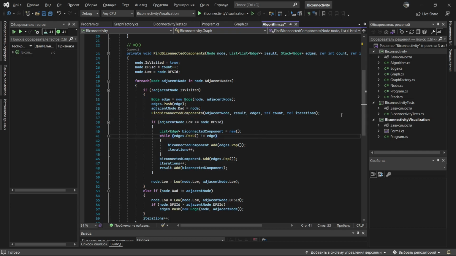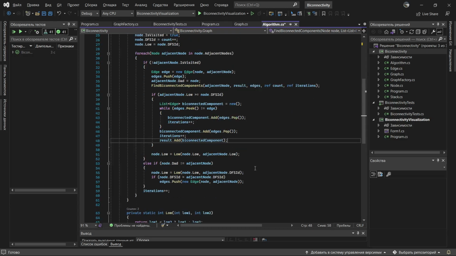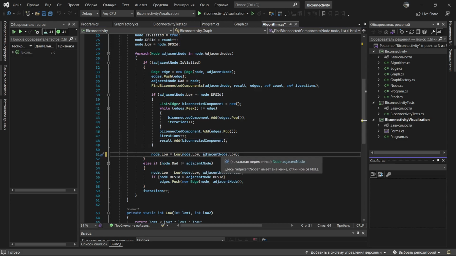After leaving this method, we check this condition. If it is true, we proceed with this part of the algorithm. After that, we change the low value for the current node again, choosing the lowest value between the current low and the adjacent vertex's low function value.